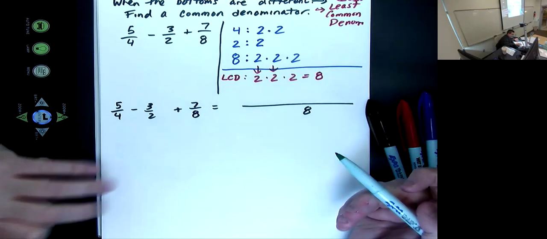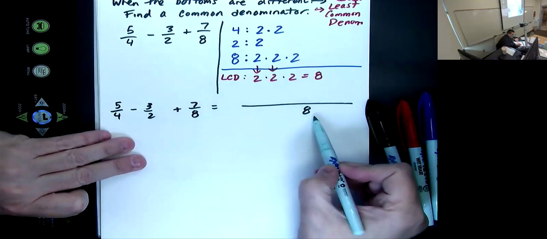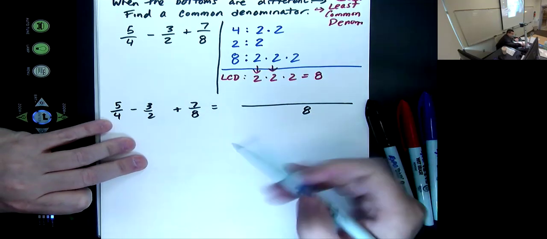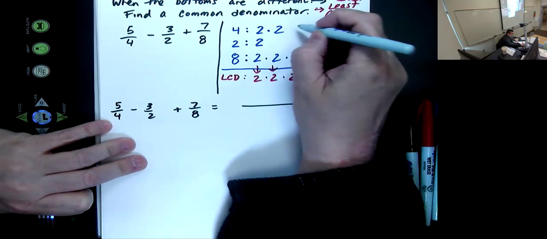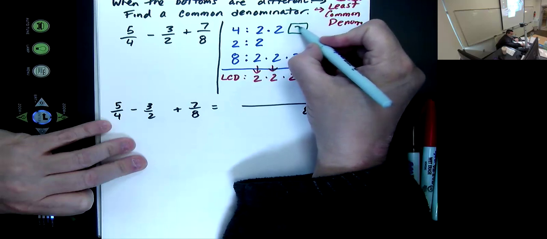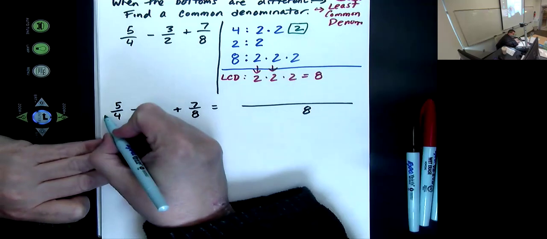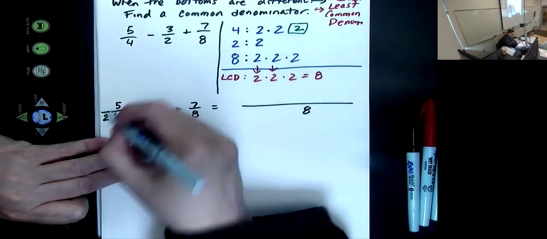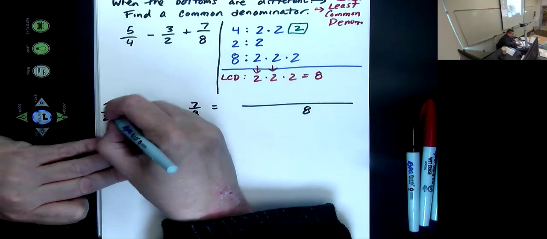One way I need to get these numbers to equal that 8, we got to figure out what multiplies by 4 to get to 8. The missing number here is a 2. So I'm going to multiply this bottom by 2. And if you multiply the bottom by 2, you got to multiply the top by 2.